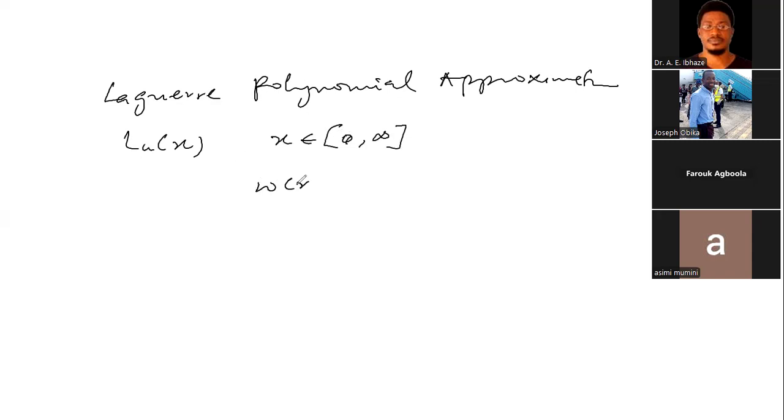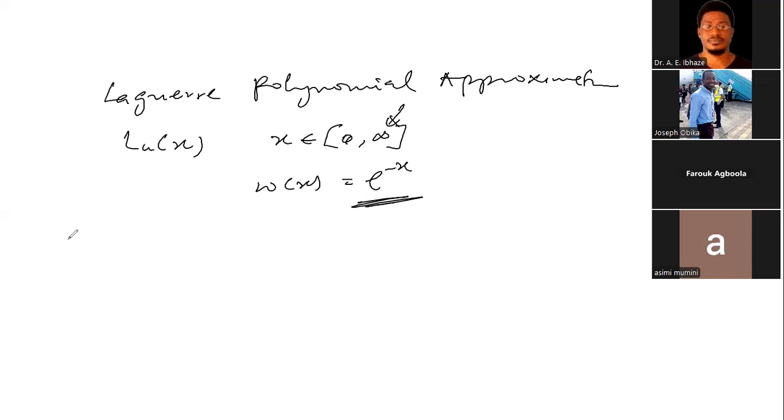And the weight function in this case is e to the minus x. So you know that this is quite different from the former, from the Chebyshev and the Legendre. And the weight function ensures convergence of the integral over an infinite domain, because we are considering an infinite domain. So this exponential function will ensure convergence of the integral.